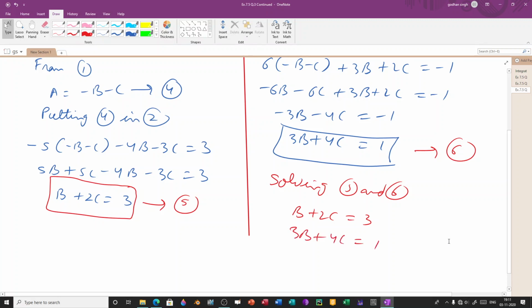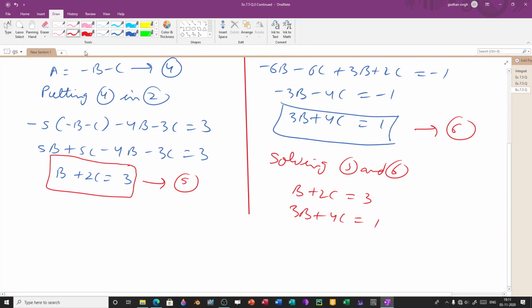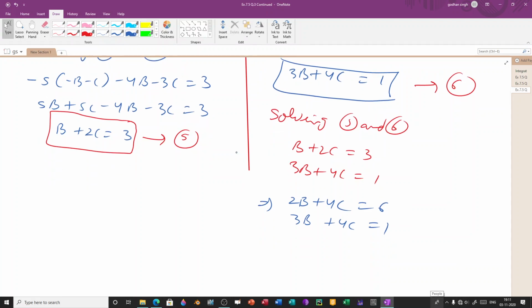We can multiply both sides of the first by 2, so we get 2b plus 4c equal to 6 and 3b plus 4c equal to 1. Now let us do the subtraction so that c will be eliminated.